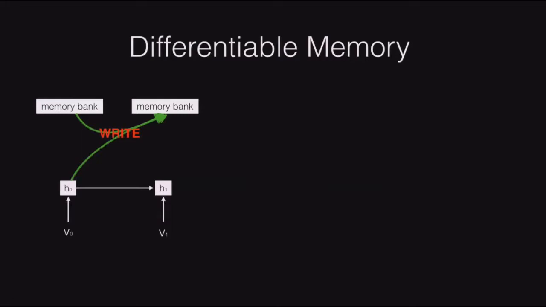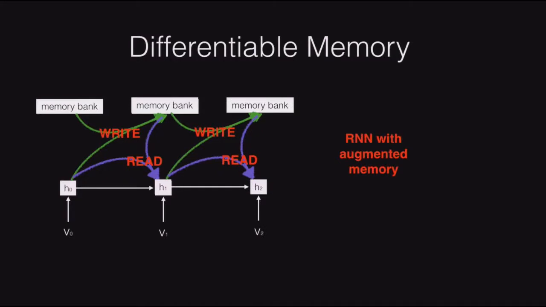And then you also read into the hidden state too. You keep making updates, and you can keep going forever like that. This concept is called RNN with augmented memory. Is that somewhat clear?